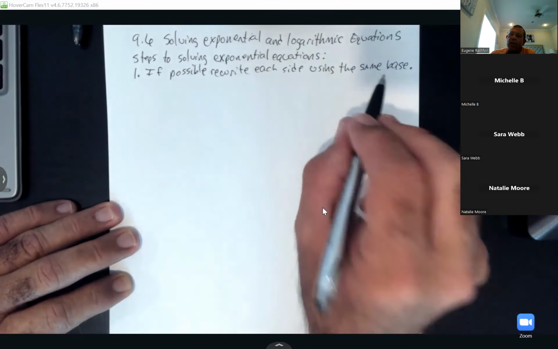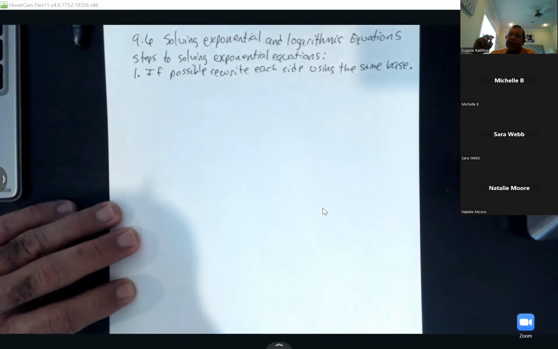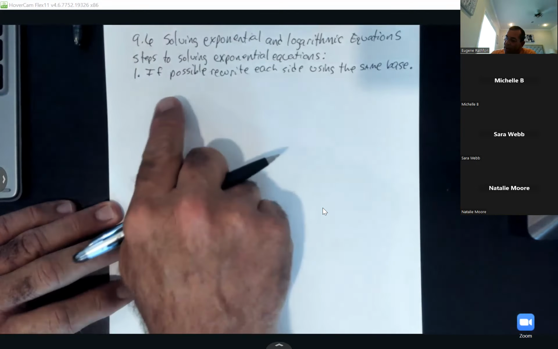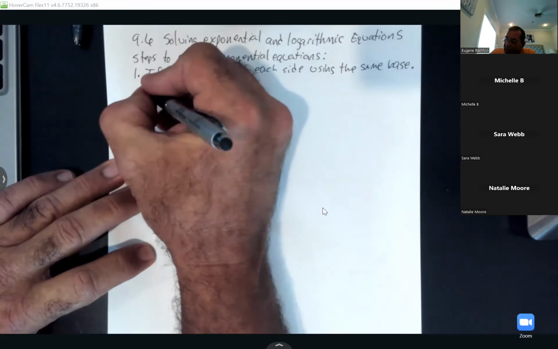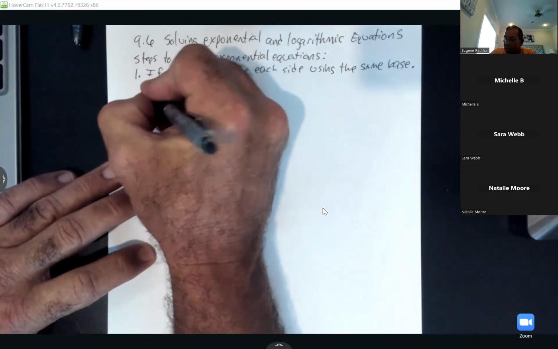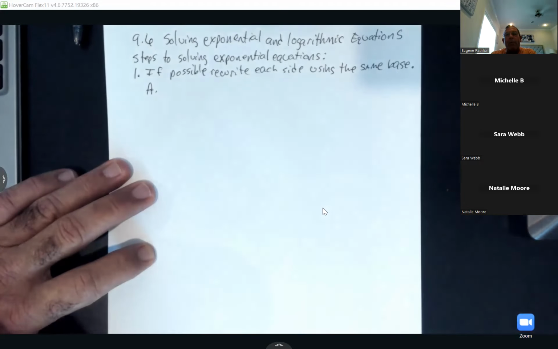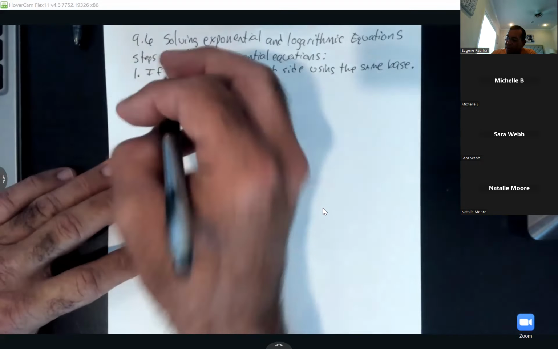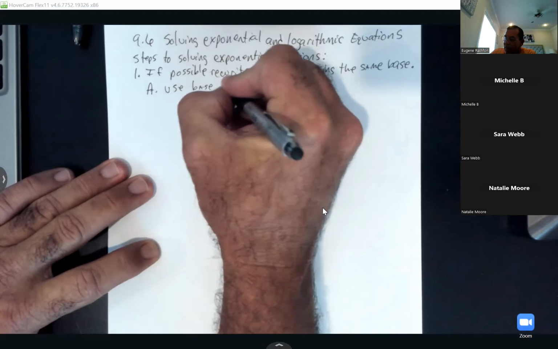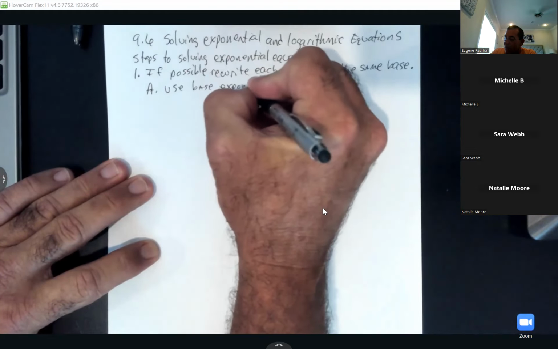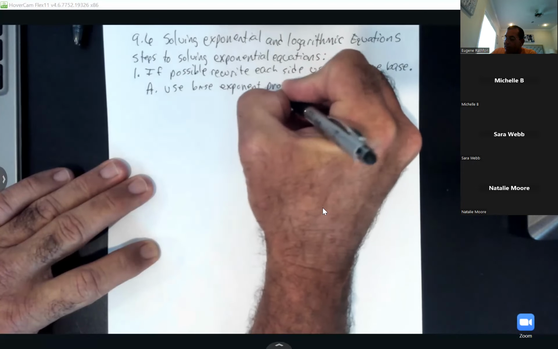So remember, the base is the number that the exponent applies to. Because y'all, if it's possible to rewrite each side using the same base, I can invoke what we call the base exponent property.